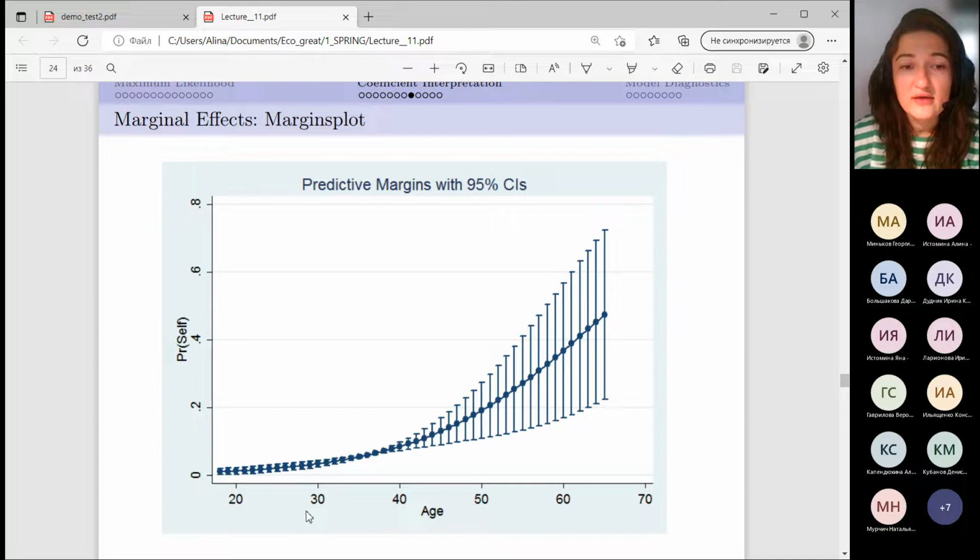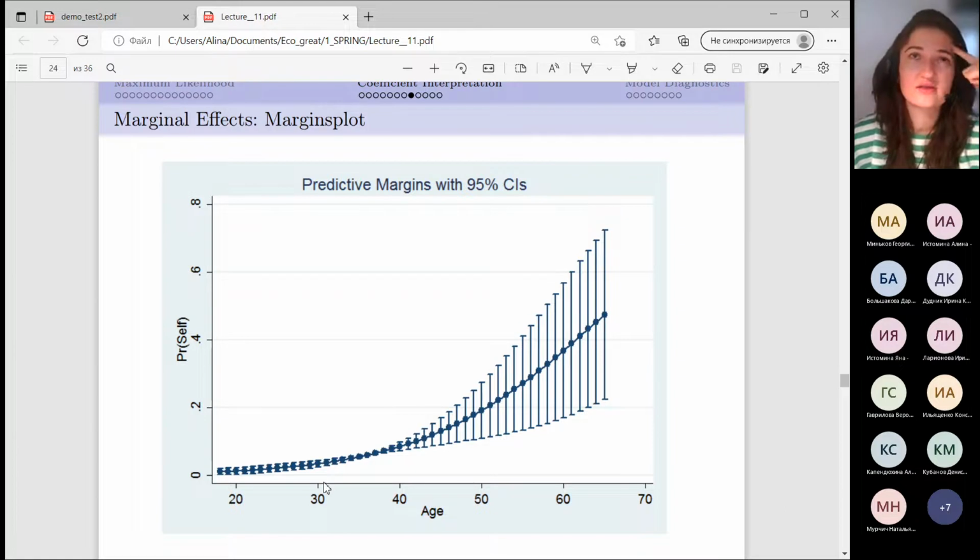And if you compare the age group from 20 to 30 years old with older people from their 50s to 60s, people in their 50s or 60s are more likely to be self-employed than people in their 20s or 30s. I want to clarify that this data set is not from Russia, it is from the United States of America.